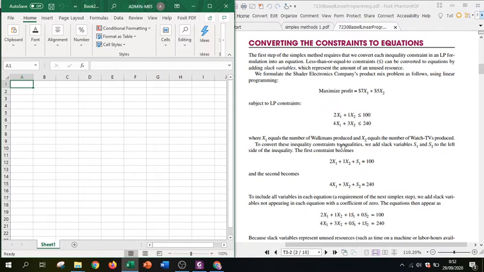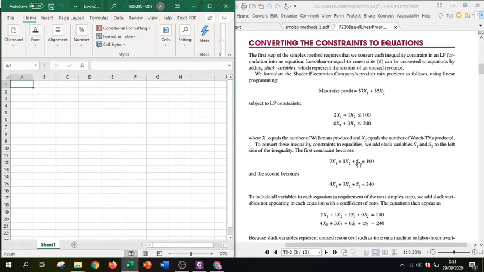Now, why can we add S1? Because this is less than or equal, and we change it to equals, so we must add a new variable on the left side.